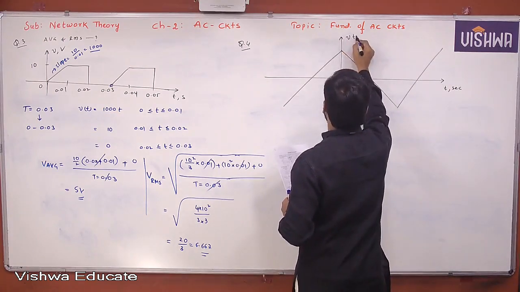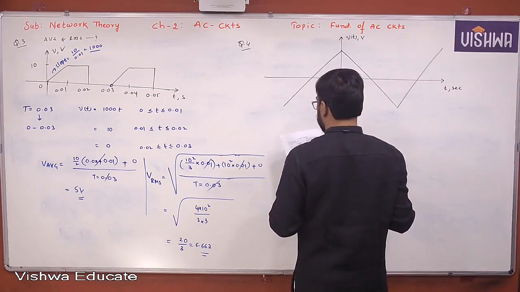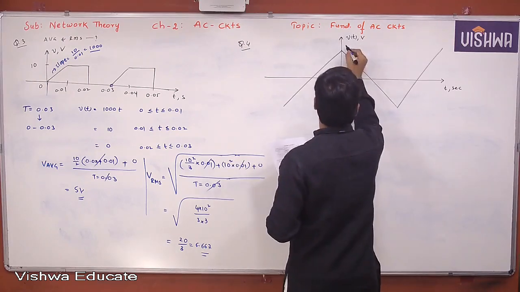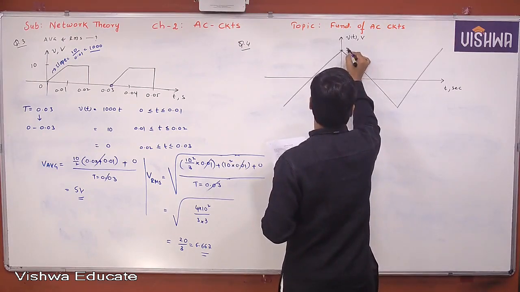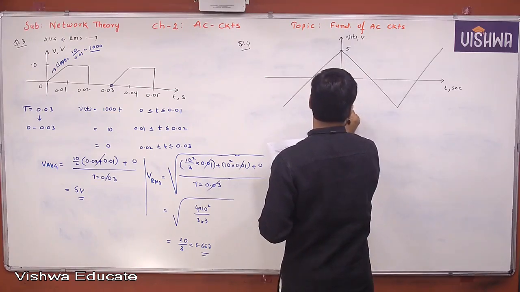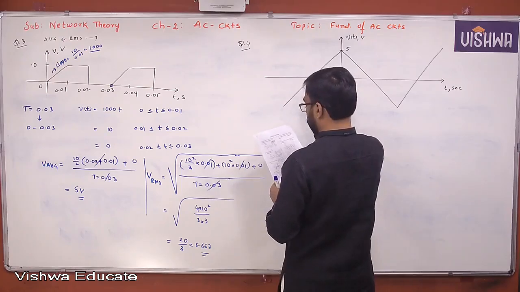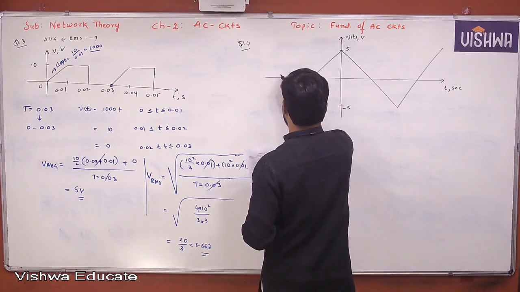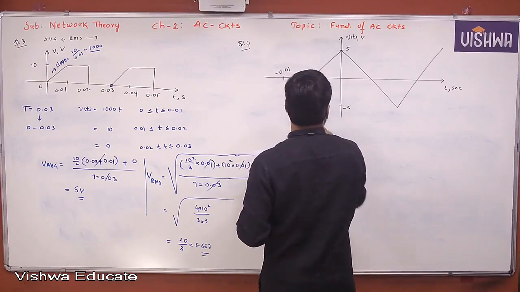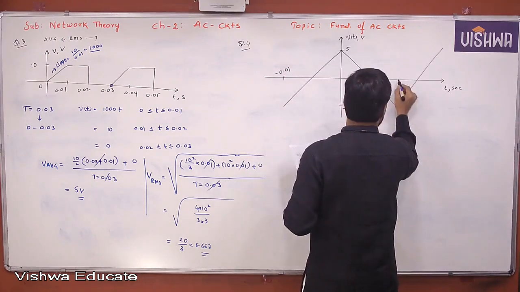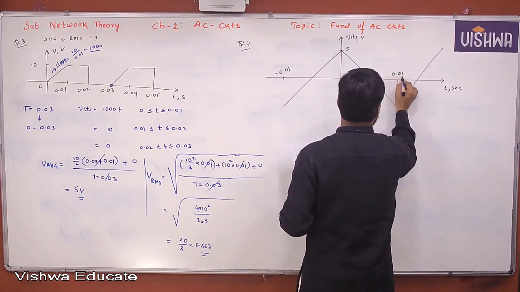Say this is V of t. It is in volts. Time is in seconds. The peak value here is given as 5. This is minus 5. This value was given minus 0.01. And this value was given here 0.01.